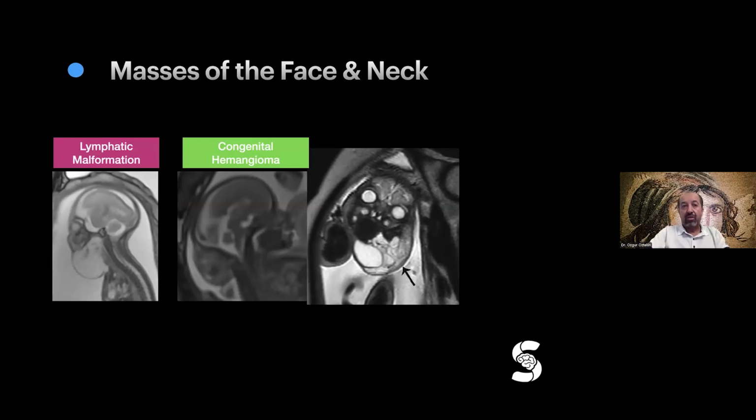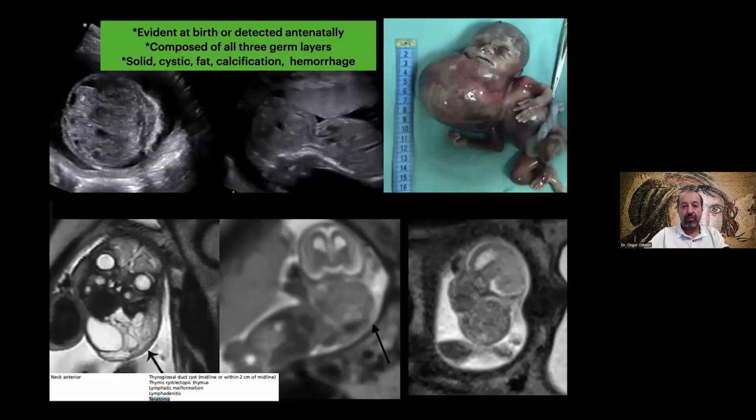Both of these should be considered in the differential diagnosis of head and neck masses when we look at this kind of solid and cystic mass. Cervical teratomas typically present as anterior neck masses causing hyperextension of the neck, and they are usually bulky, multiloculated lesions with heterogeneous signal intensity depending on their internal composition.